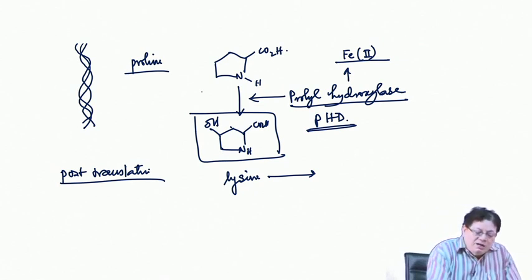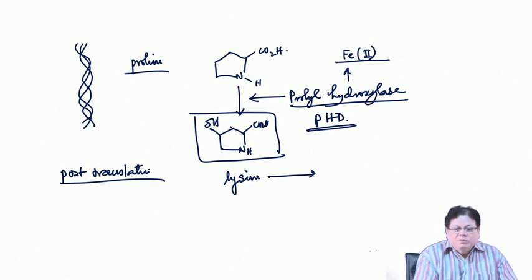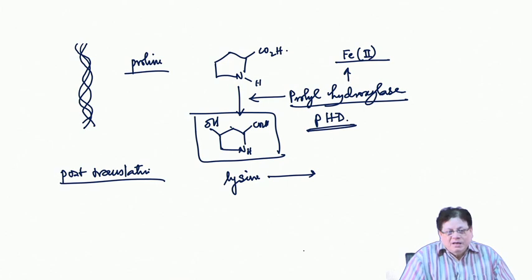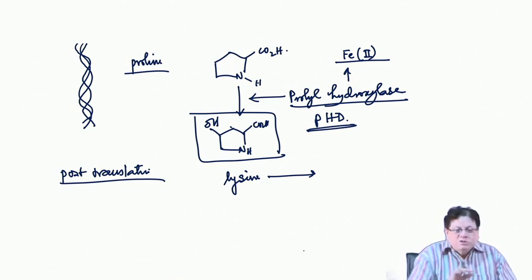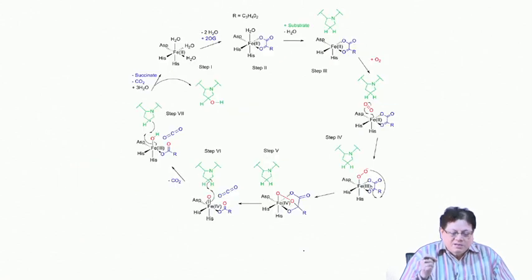So, it will initially contain only proline, and once it comes out of the ribosome and forms the peptide, this enzyme prolyl hydroxylase converts the proline moieties into hydroxyproline. These hydroxyprolines give you extra stability. This hydroxylation is very important, because it helps the polypeptide form the triple helix.